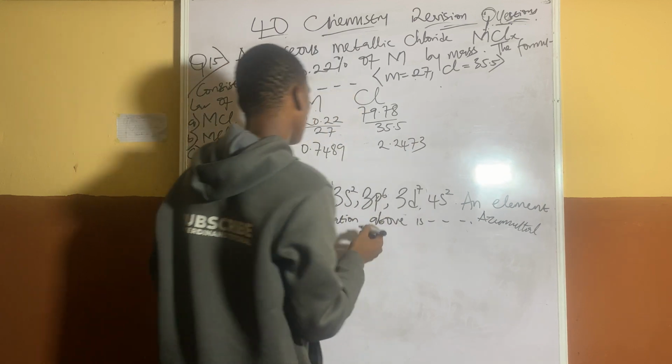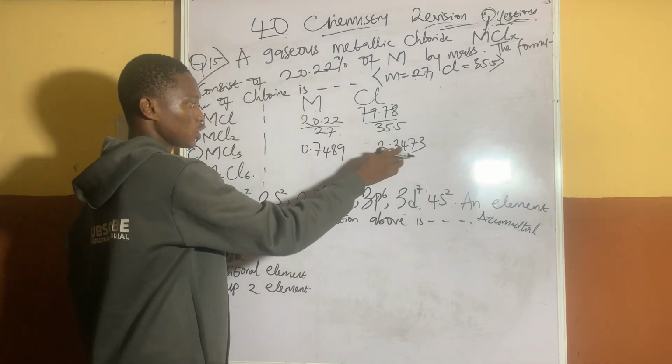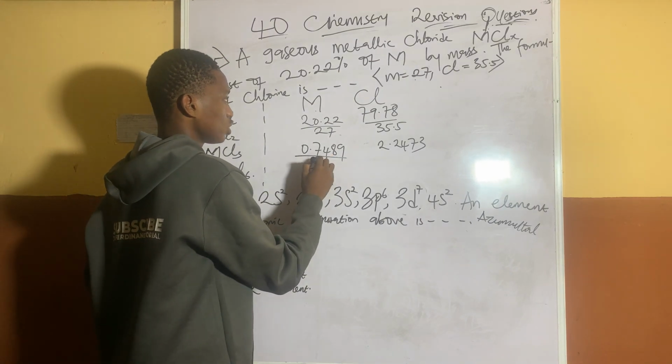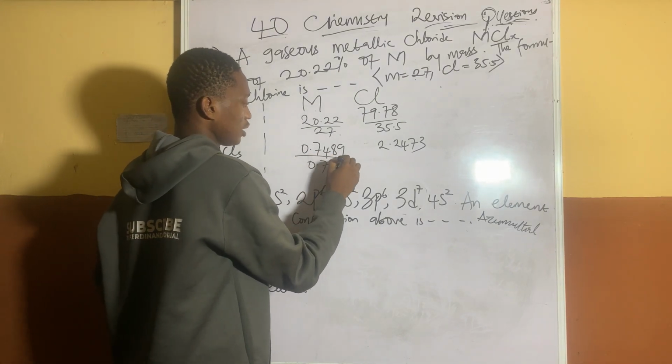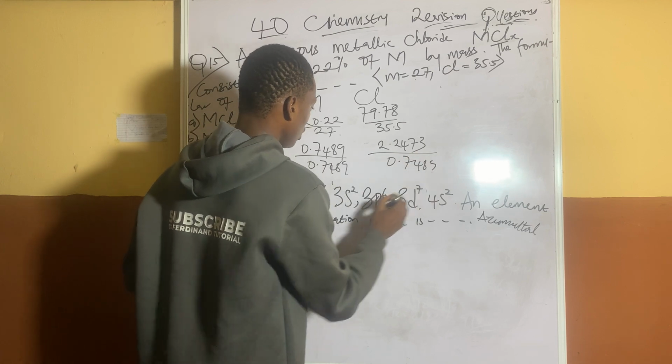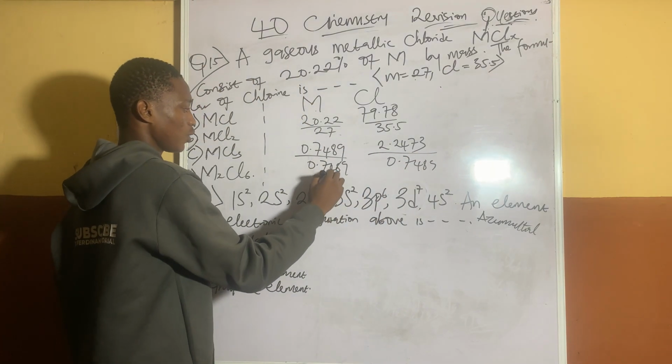Now we divide by the smallest number. What is the smallest number between these two? 0.7489. So 0.7489 over 0.7489, divided by itself, we have 1.